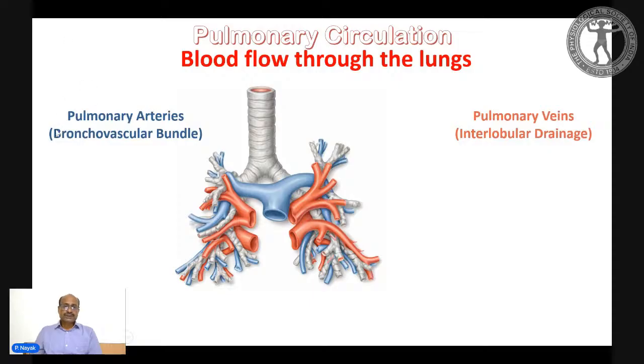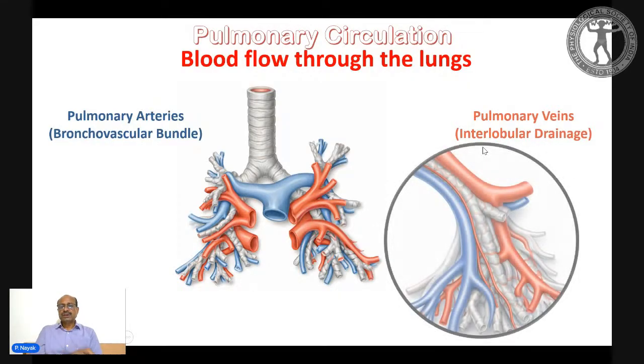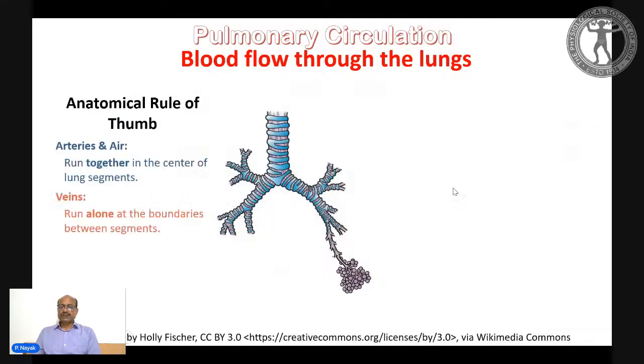Pulmonary arteries go along with the bronchovascular bundle, along with the bronchial tree, and pulmonary veins do not. If we see here, this is a pulmonary artery, and you can see it is also very parallel. Another artery you can see here is the bronchial artery. We'll go into details.